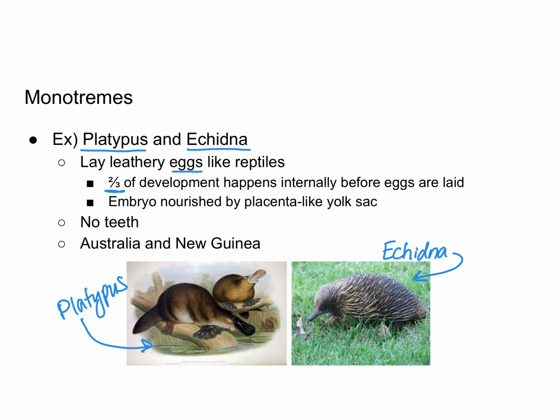We'll talk more about what a placenta is when we talk about the placental mammals. Monotremes do not have any teeth. You can see that they have almost a duck bill, or a beak. They are native to Australia and New Guinea, so they're fairly rare and not widespread.